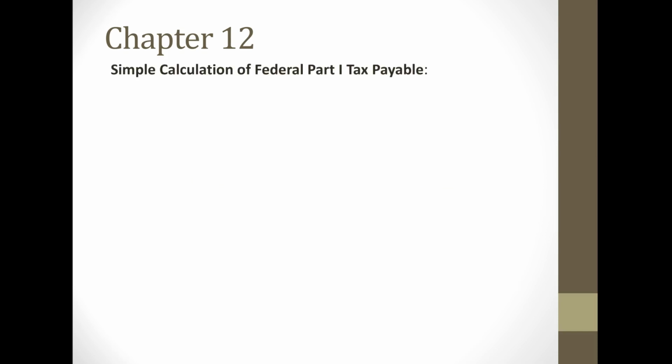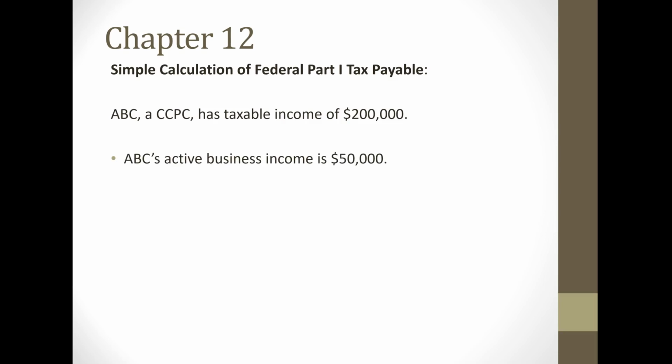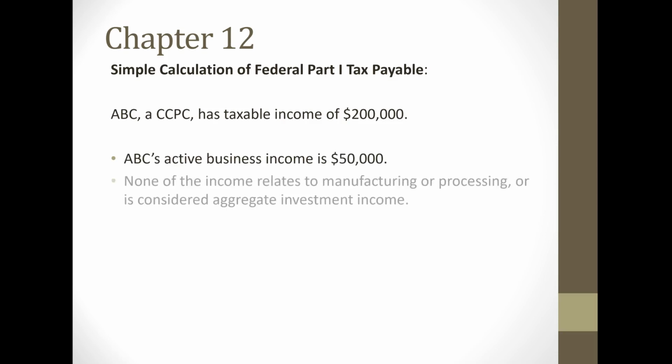Now, let's go through a simple example on the next slide. Let's say ABC, who is a CCPC, has taxable income of $200,000. Of that $200,000, $50,000 is considered active business income. Now, none of the income relates to manufacturing or processing, and none of it is aggregate investment income.